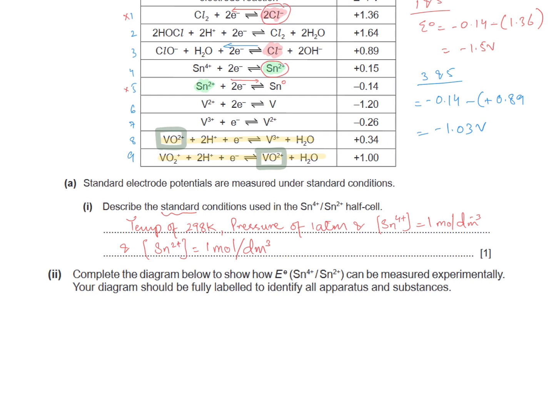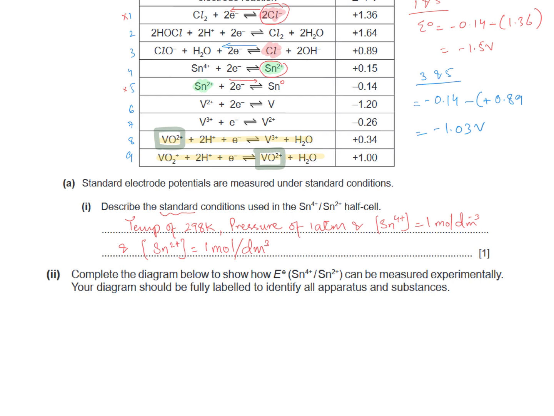In this reaction, one reaction goes forward and the other goes backward, and it's a redox reaction. So if I check equation number 4 and equation number 8, I have to choose between 4 and 8, and I can check if it is going to happen or not. We need Sn2+ in my reactants.